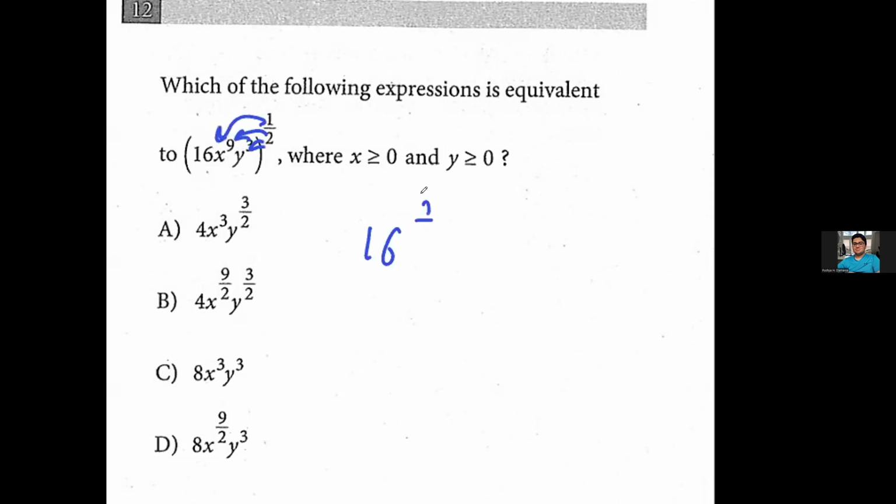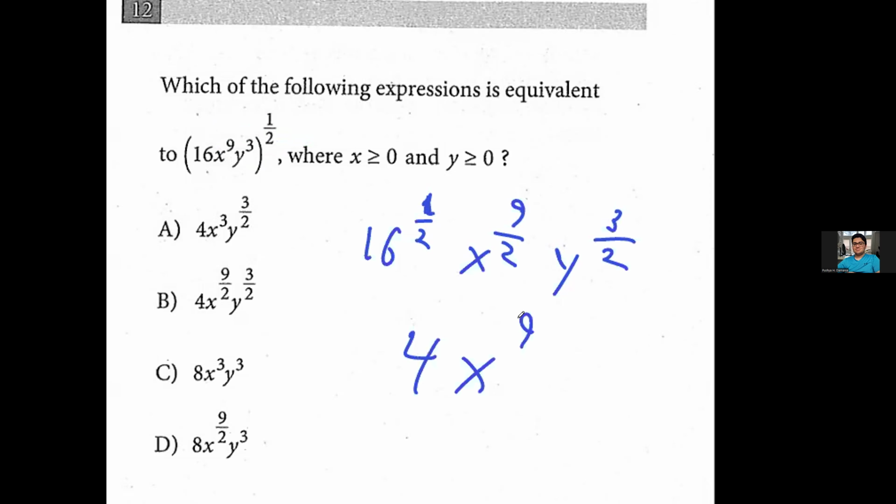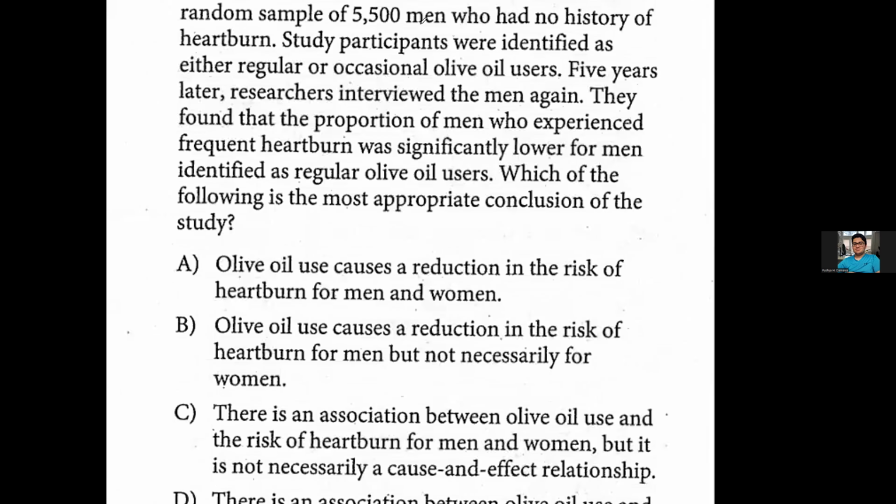So 16 to the 1/2, x to the 9/2, this is a 1, and then y to the 3/2. 16 to the 1/2 just means the square root of 16, which is 4, x to the 9/2, y to the 3/2, which is answer choice B. Okay, question 13.